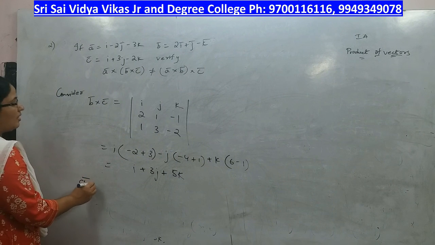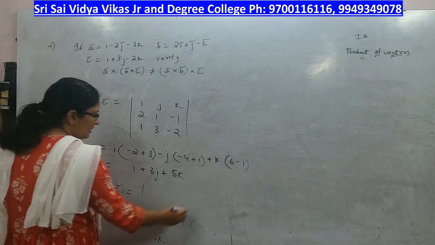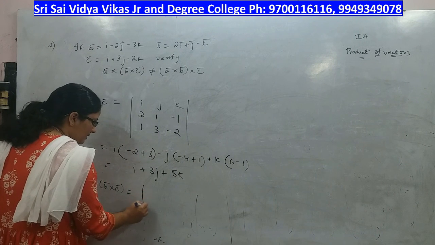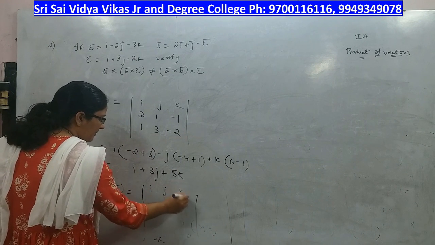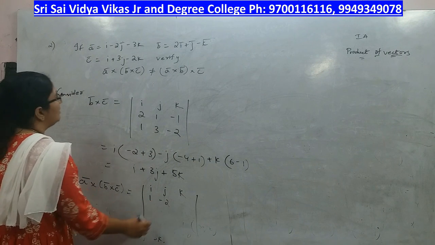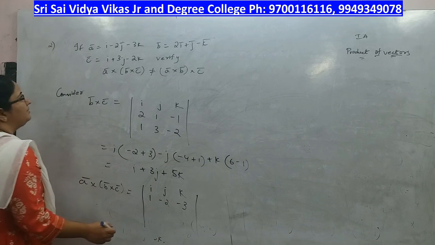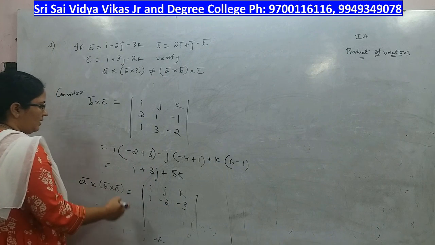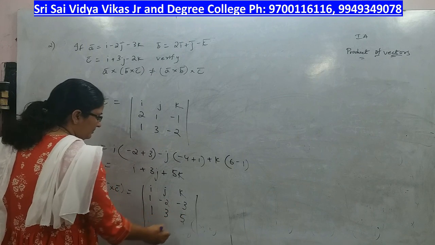A bar cross b bar cross c bar is equal to i j k, a bar 1 minus 2 minus 3, cross b bar cross c bar 1 3 5.